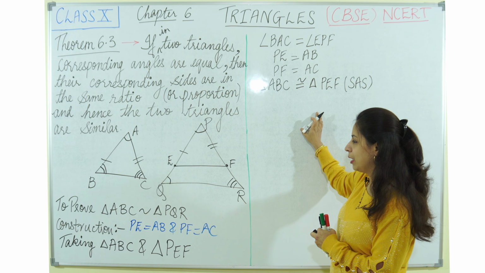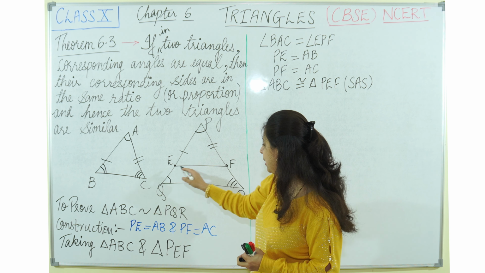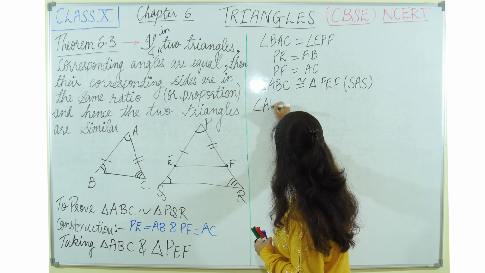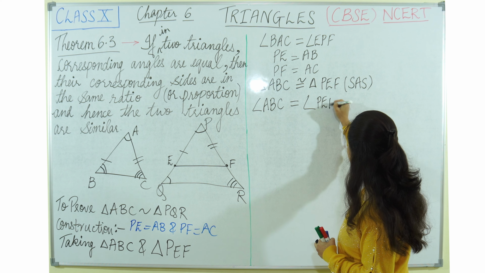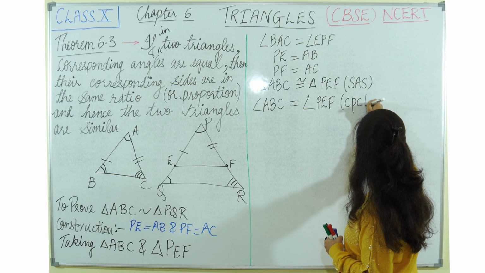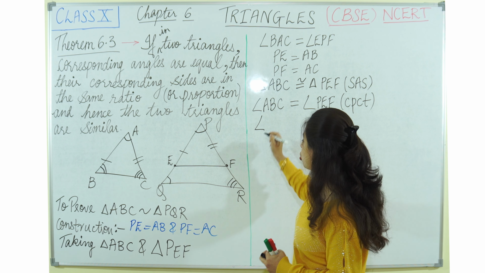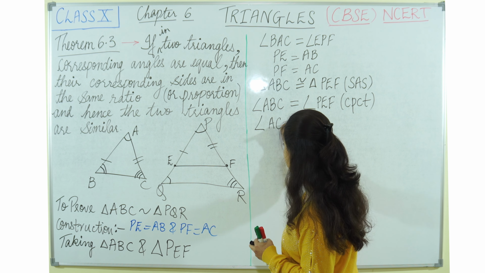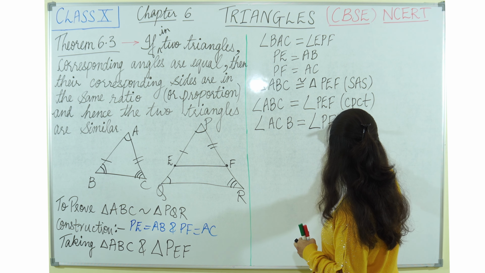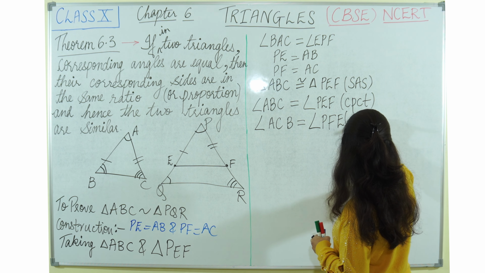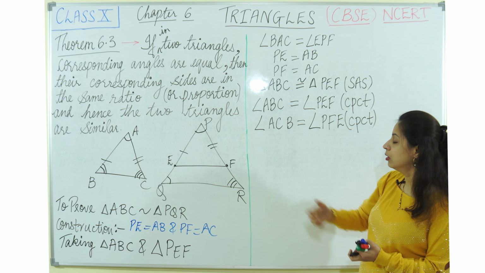When the triangles are congruent, we can easily say that angle ABC is equal to angle PEF by CPCT, corresponding parts of congruent triangles are equal. We have already studied this earlier. So angle ACB will also be equal to angle PFE by CPCT.